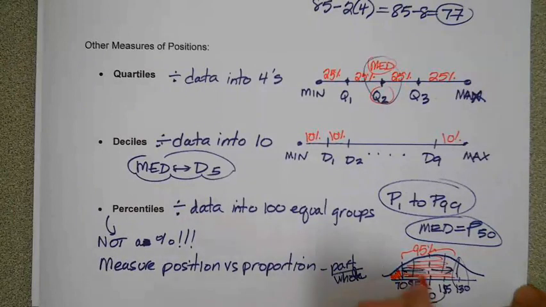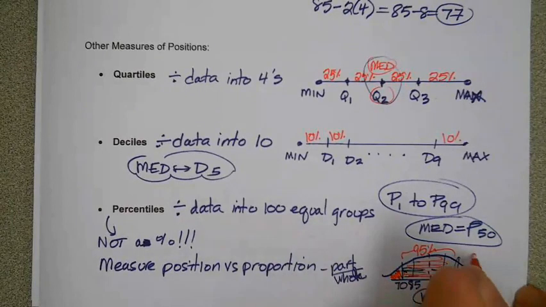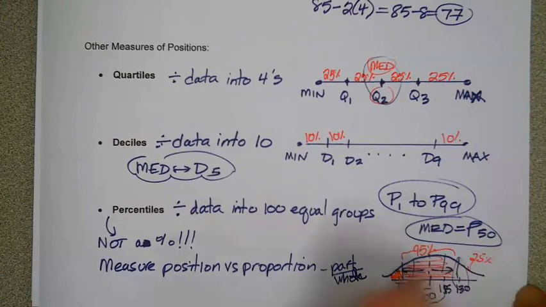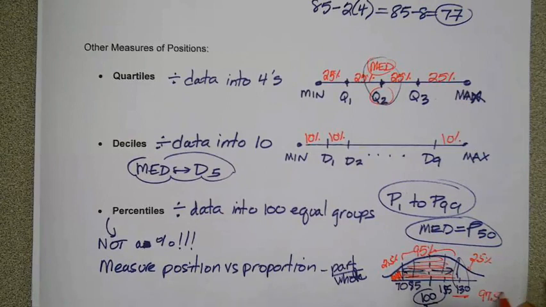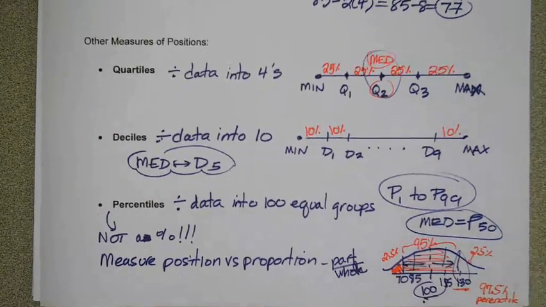And down here, if this was 95%, I have 2.5% above me, and I have 2.5% below me. So it actually turns out that 130 would correspond to the 97.5 percentile. So just something to think about where you got to watch out with percentiles versus empirical rule.